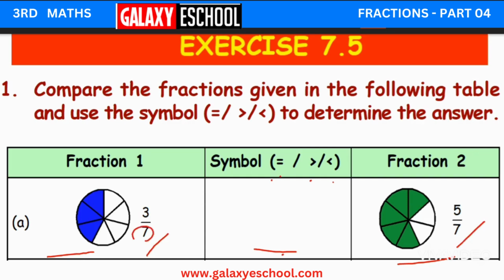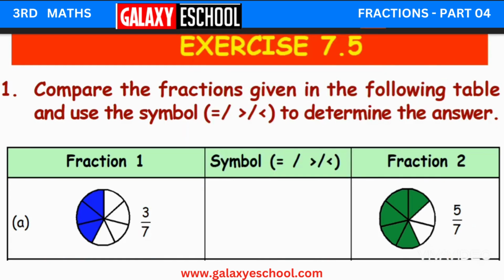These are like fractions. Yes, because the denominators are the same. Now let us check the numerators. Which is the greater one? 3 or 5? 5 is the greater one. So we can say that 3 by 7 is less than 5 by 7.